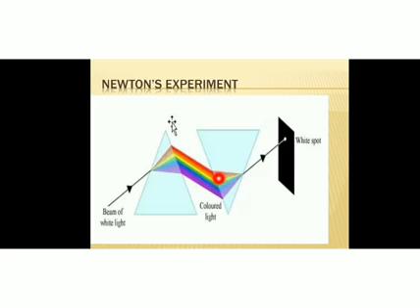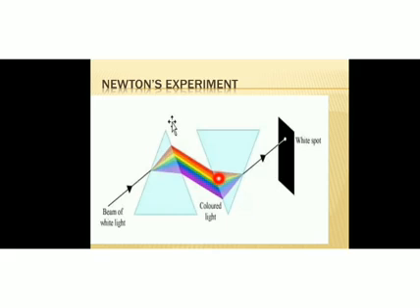And do you know the reason for the splitting of light into different colors? This is due to the difference in velocity or wavelength of the colors in the glass prism. So the different colors have different wavelengths. Do you know which color has the maximum wavelength and which color has the least wavelength? Red color has the maximum wavelength and it is deviated least.